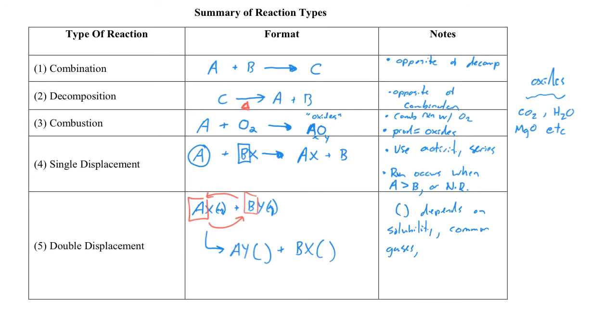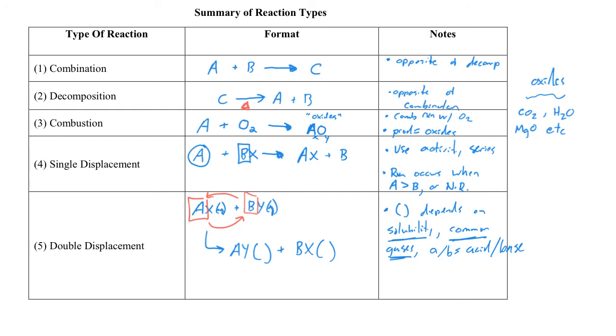So if we form a liquid, an acid-base reaction. Sorry, that's a little A/B, so let me write that out actually. When I write acids and bases, I usually write A/B, which means acid/base. Sorry about that. Okay, so that phase is going to depend on the solubility chart, common gases that we went over, and then if we have a molecular compound, that's an acid-base product, so a liquid.